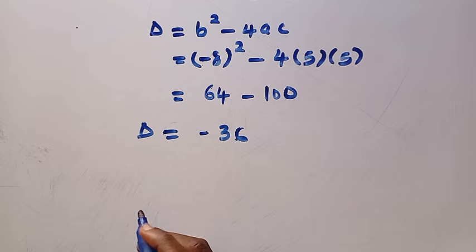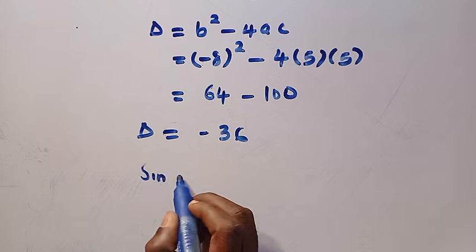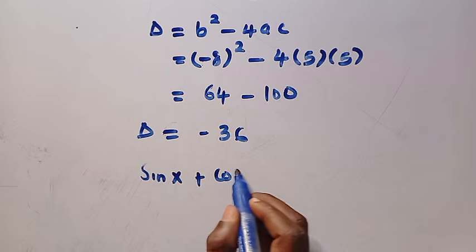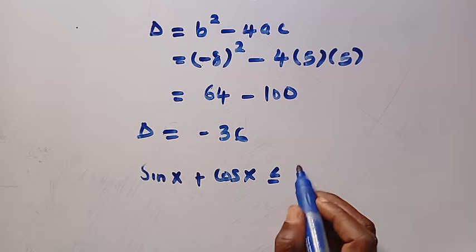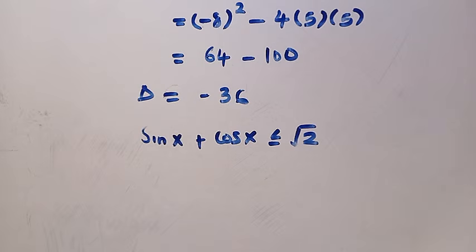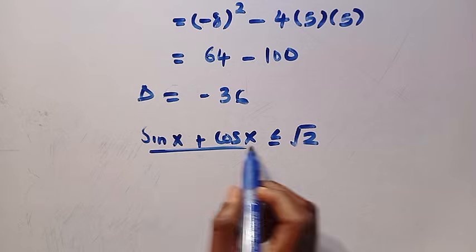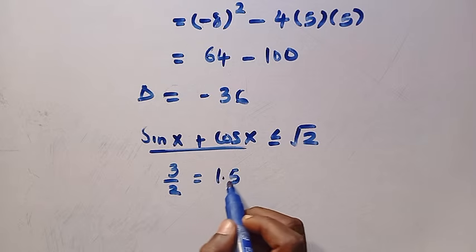Why? Because if we consider sine x plus cos x, it must be less than or equal to the square root of 2. And the right-hand side of this equation gives us 3 over 2, which equals 1.5.